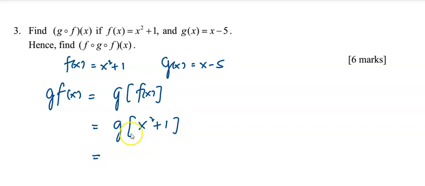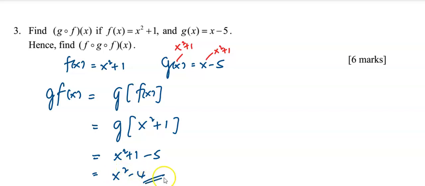Okay, so now you want to get g of x squared plus 1. So it means that this x is replaced by x squared plus 1, meaning that your g of x squared plus 1 now becomes x squared plus 1 minus 5. Simplified, you got x squared minus 4.